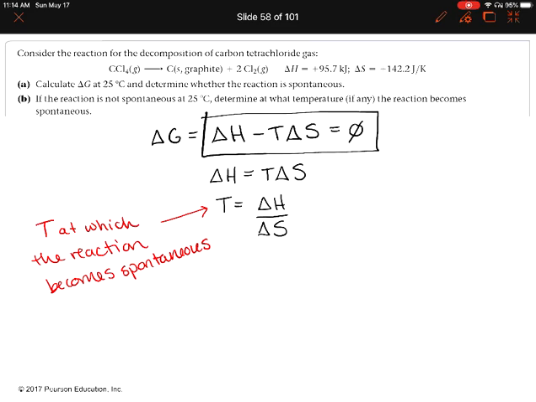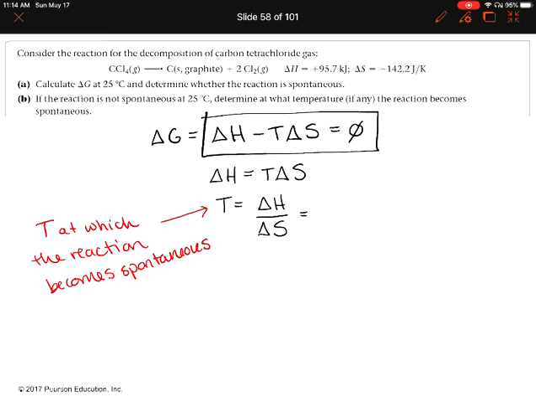And that kind of makes sense because we're looking at a ratio of the magnitudes of delta H and delta S. So we're trying to see, what temperature will delta H over delta S give us a spontaneous process. Okay, so let's calculate that.